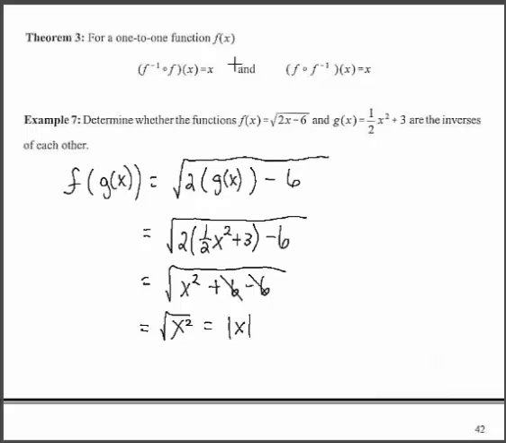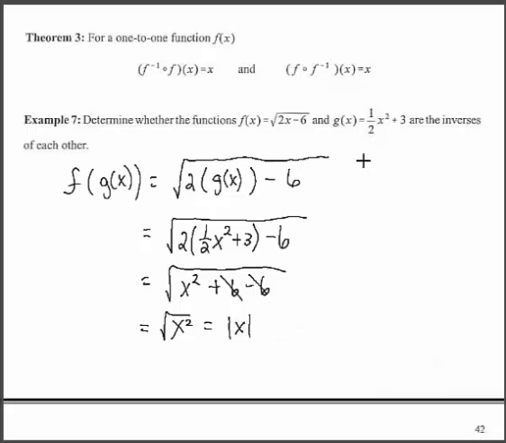Okay, so we didn't get back x exactly. In other words, these are not inverse functions of each other. We want x exactly, not the absolute value of x.